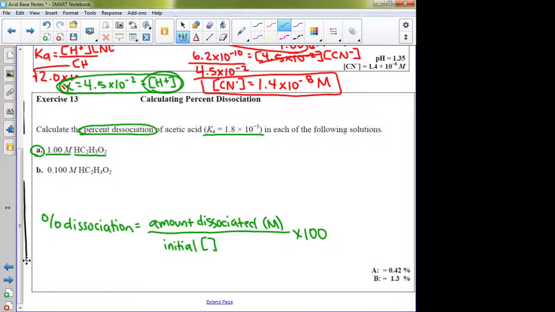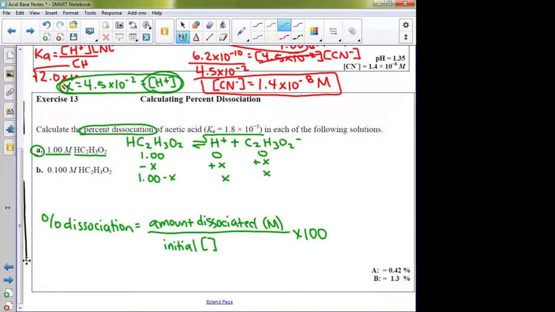HC2H3O2 dissociates into H positive plus C2H3O2 negative. Initially, my concentration is 1.00, 0 and 0. I lose x, I add x, I add x. I'm at 1.00 minus x, x, x.